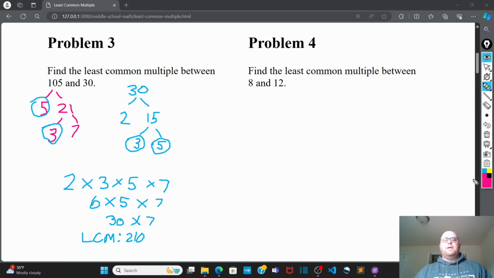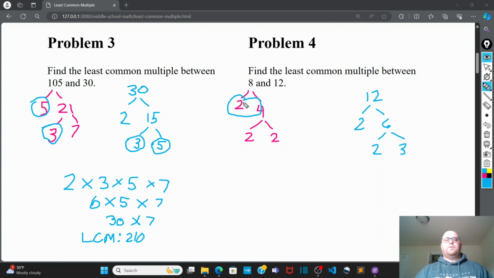Okay, so let's list the prime factors of 8. So I can break this apart into 2 times 4, and then 4 into 2 times 2. So 8 can be written as 2 times 2 times 2. Let's now do 12. So I'll start to break this apart into 2 times 6. 6 is 2 times 3.